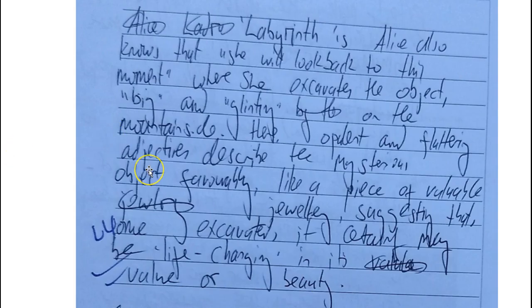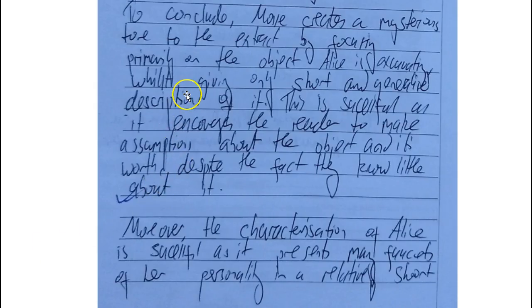So again, Bo is writing about the methods using flattering adjectives, linking it to the question with the word mysterious, and trying to think about the writer's purpose to suggest this might be life-changing. Okay, let's look at the ending.